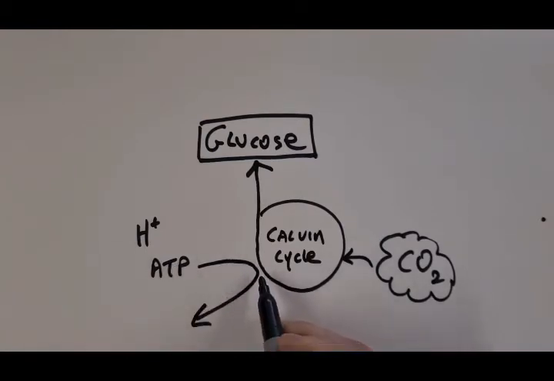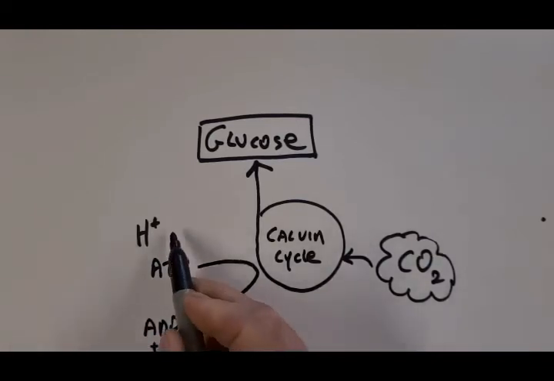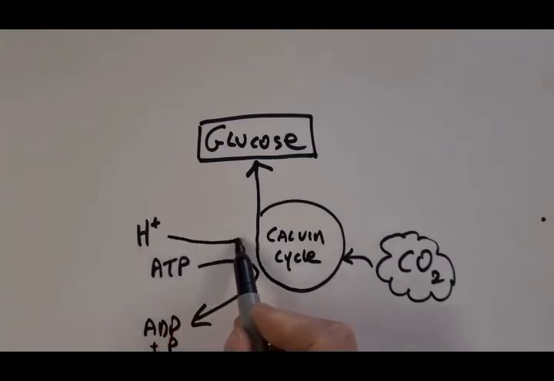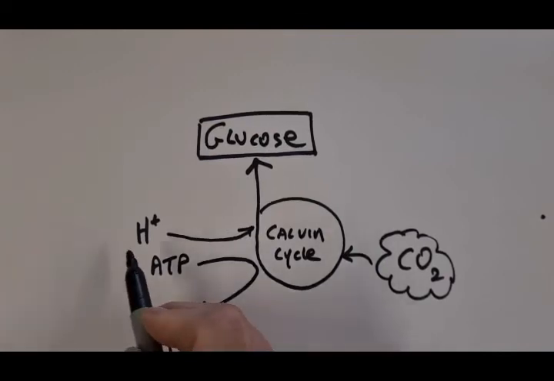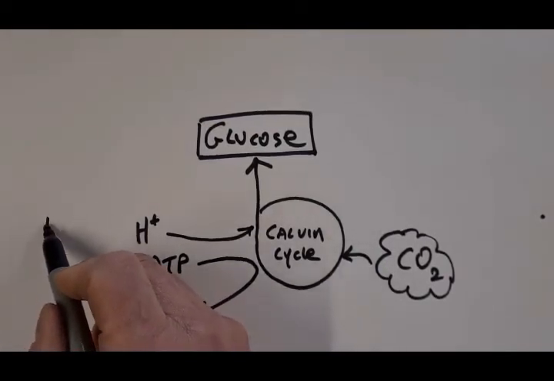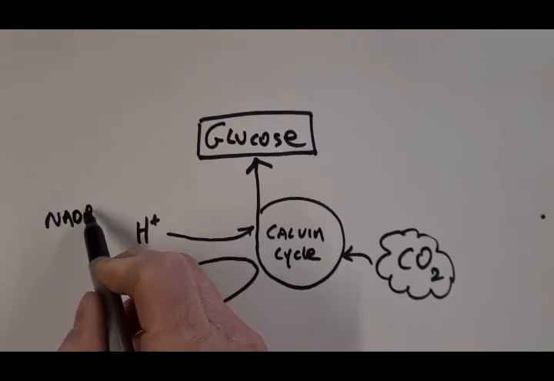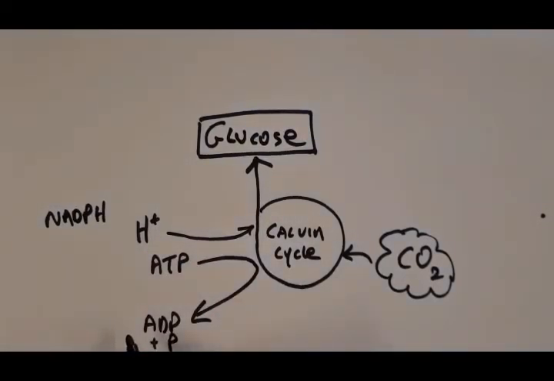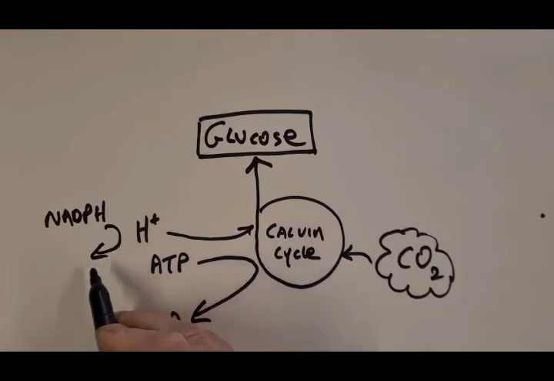When ATP is used up, it's converted into ADP plus P. And protons are added. Okay, so where do the protons come from? The protons come from a molecule called NADPH, which is carrying protons. So we have NADPH, which gives up its proton and becomes NADP.